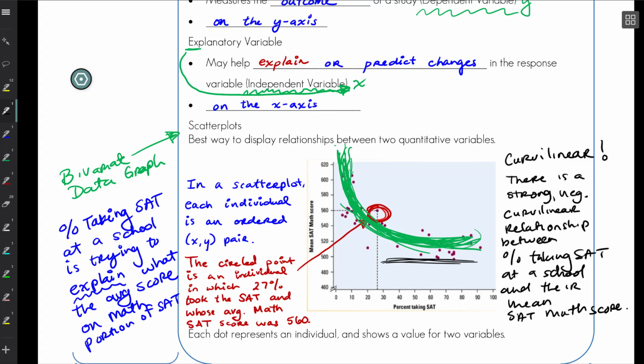So really, if a school is trying to look super good and say, hey, we got rock star math kids, but let's push a lot of our kids to take the math test, maybe they only stop at encouraging about 40 to 50%, right? There's not that much change from 50% and on. There's not much change in the mean SAT math score.